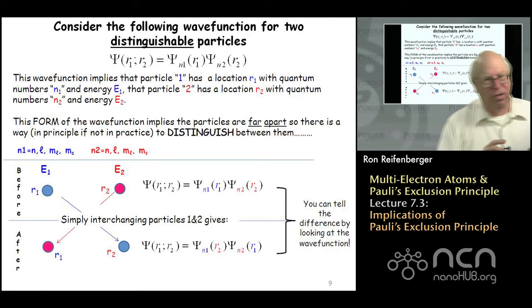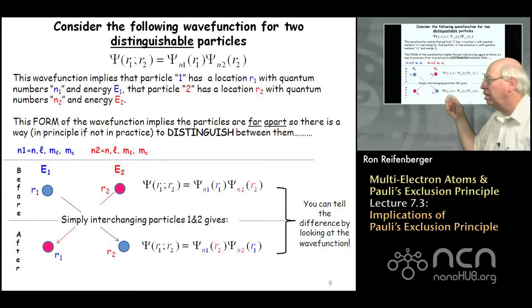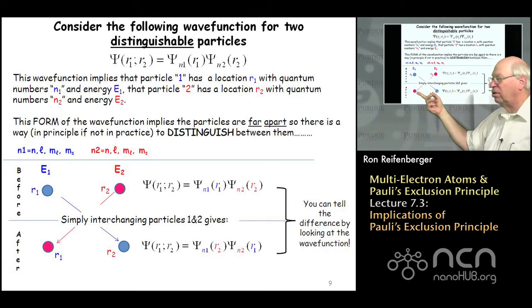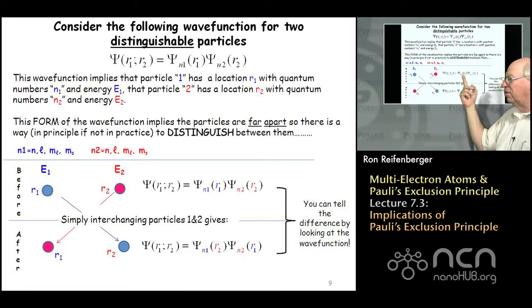Now we want to exchange the two particles. So we imagine that particle 2 goes to position R1, and particle 1 goes to position R2. That just means that this two-particle wave function, which is the product of the single-particle wave functions, has to be altered as I've drawn here. The position R2 now assumes the quantum numbers N1, and the particle at position R1 now assumes the quantum numbers appropriate for particle 2.